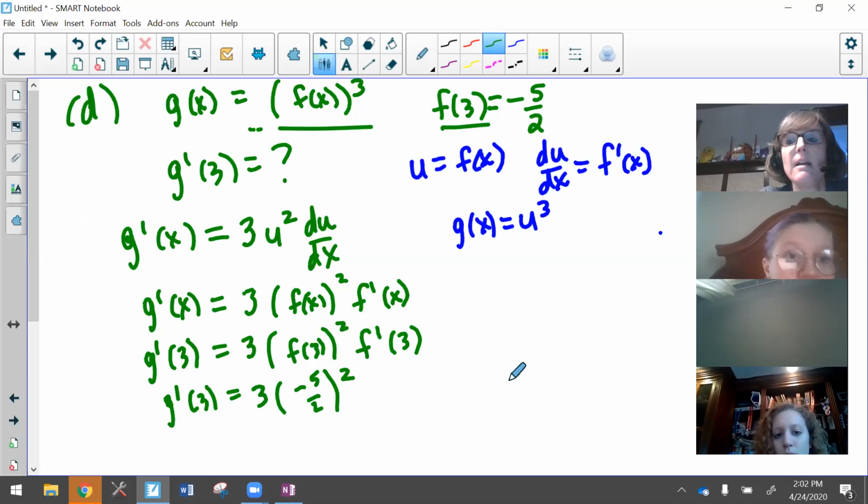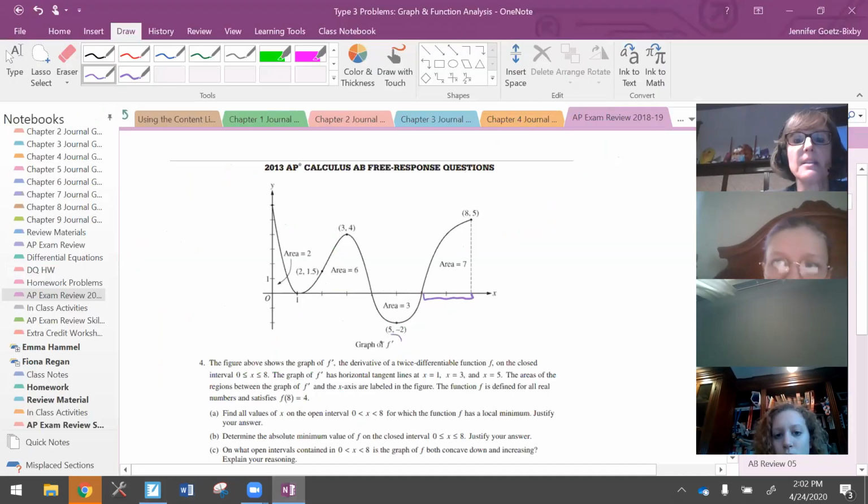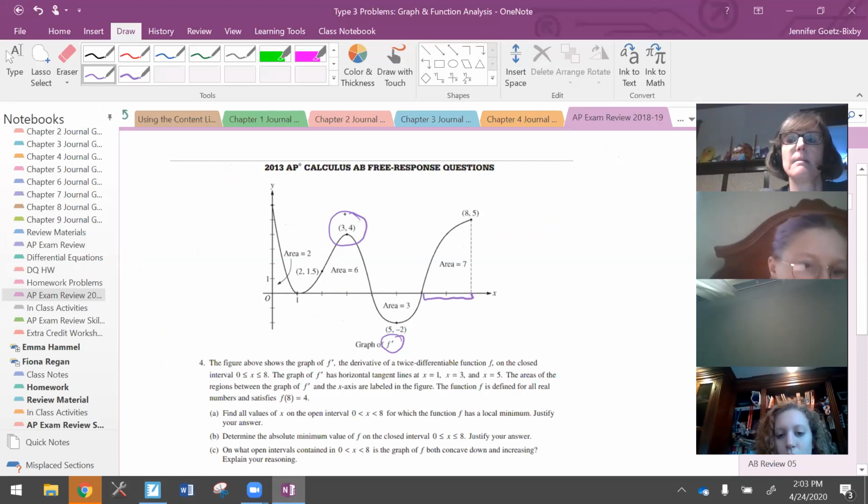Yeah, from the graph. Okay, so if I go back here, remember this is a graph of f prime. Here's x equals 3. So what's f prime of 3 equal to? 4.